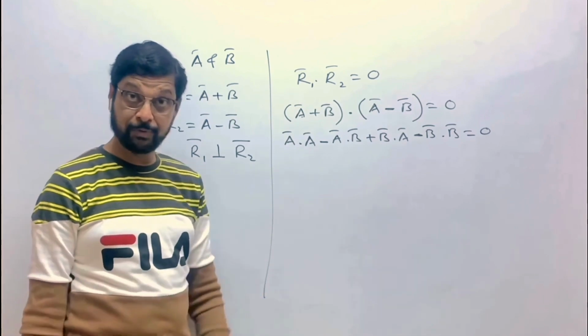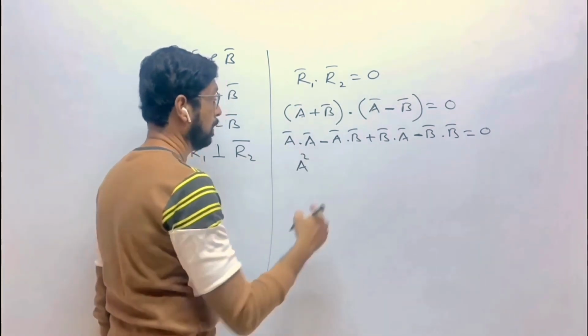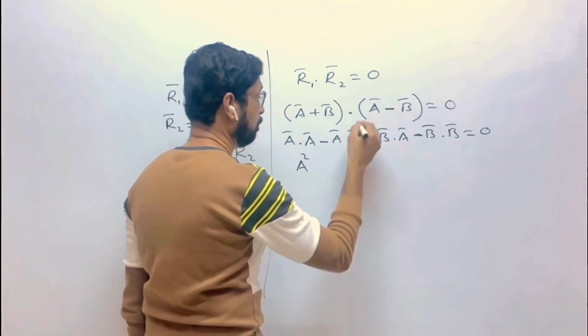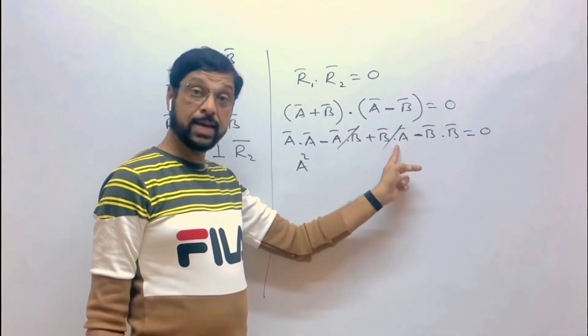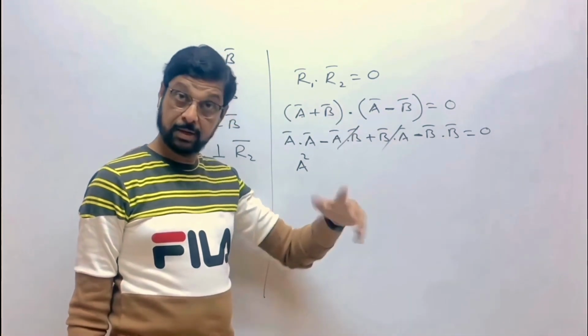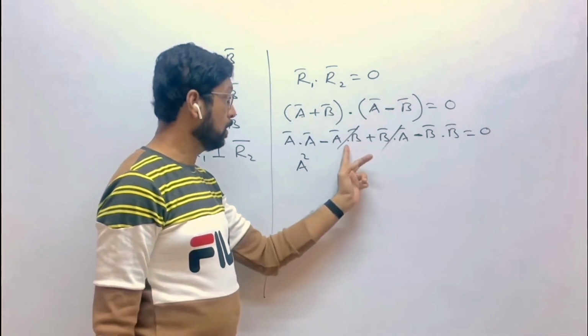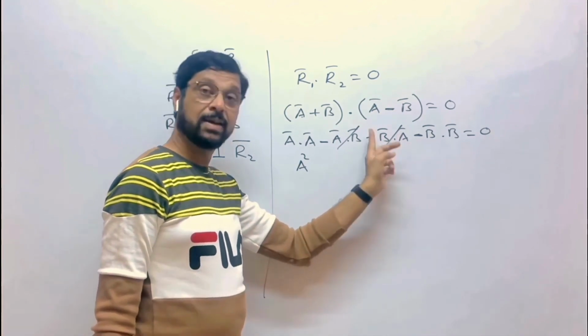Self dot product, we have seen this in theory. A dot A will be A square. Minus A dot B plus B dot A will get cancelled because B dot A means A dot B, isn't it? Commutative law of multiplication. So A dot B is same as B dot A is same as A dot B.